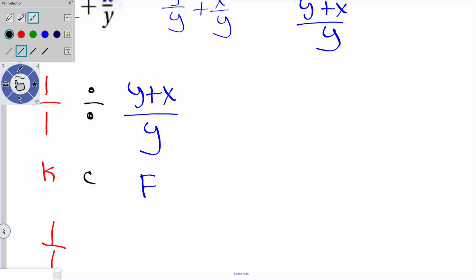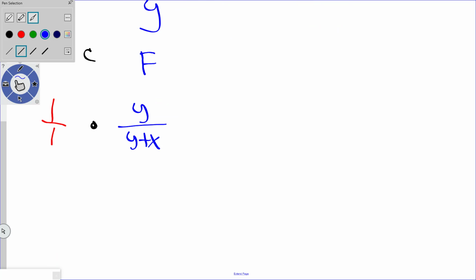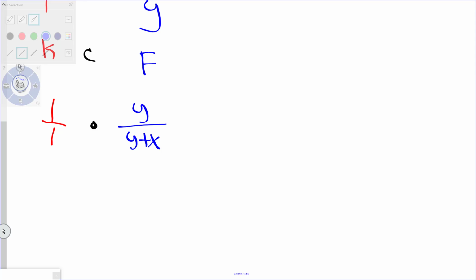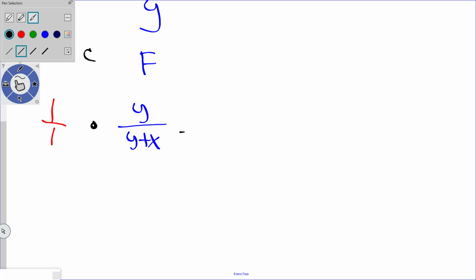We'll change the operation from division to multiplication, and we'll flip the blue fraction to y over y plus x. So we have 1 over 1 times y over y plus x. So now that we have 2 fractions being multiplied, 1 times y is just y. 1 times y plus x is y plus x.